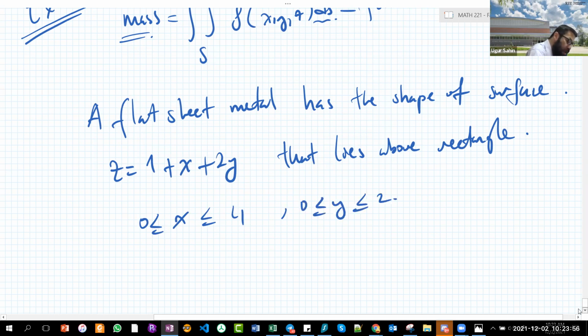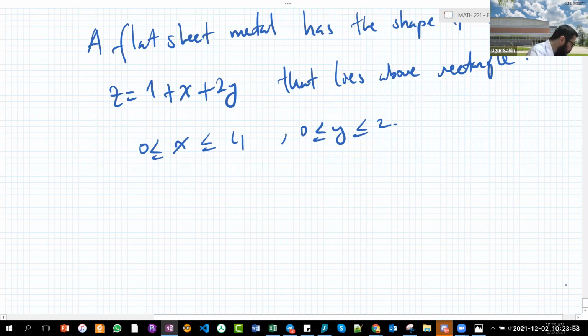Okay, this is the surface part. This is how your surface is given.